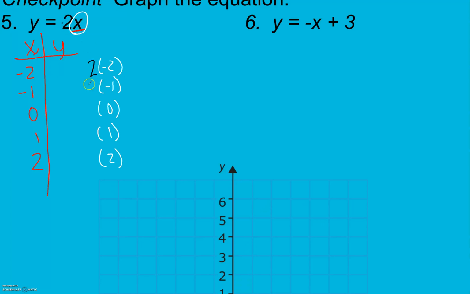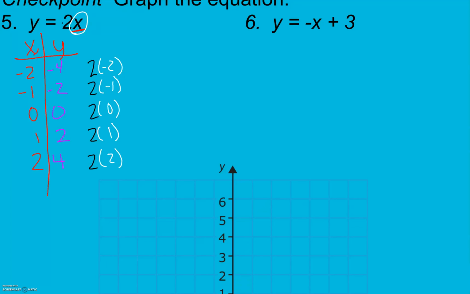So 2 times my x values, 2 times my x values, 2 times my x values. Here I get -4, -2, 0, 2, and 4.